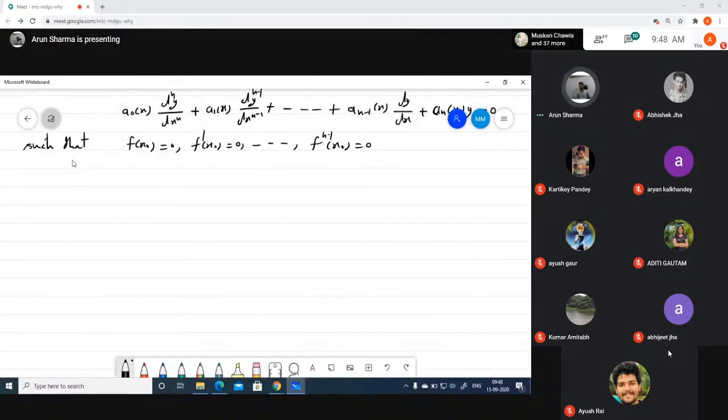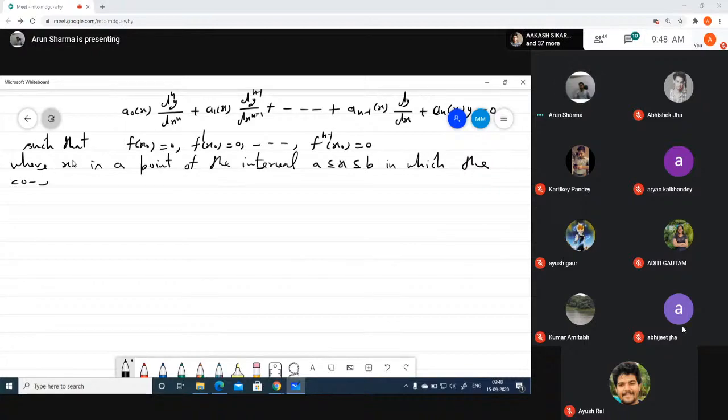Where x naught is a point of the interval a less than or equal to x less than or equal to b, in which the coefficients a naught, a1 and so on are all continuous.